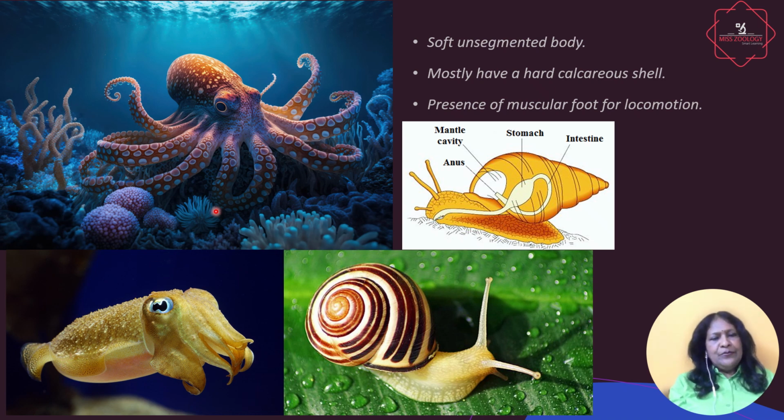Both of them do not possess an external exoskeleton. Their skeleton is embedded inside, but it is not made up of bones. That's why they are still under invertebrates. The octopus is the largest among all invertebrates, and it is a representative of the phylum Mollusca.